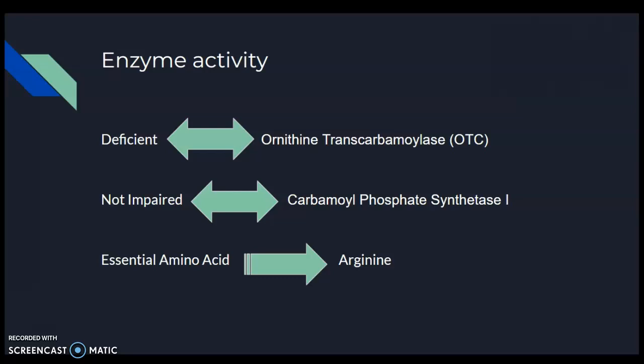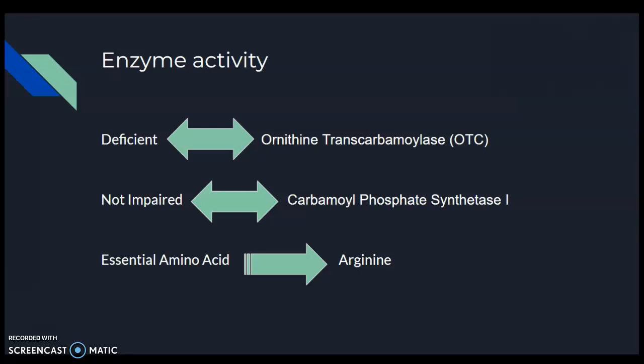This is consistent with increased production of carbamoyl phosphate, increasing pyrimidine synthesis, causing uric aciduria. In addition to the excess ammonia found in the blood, I also used the age of this patient and the symptoms of lethargy and apnea to suggest that this patient would have an OTC deficiency.